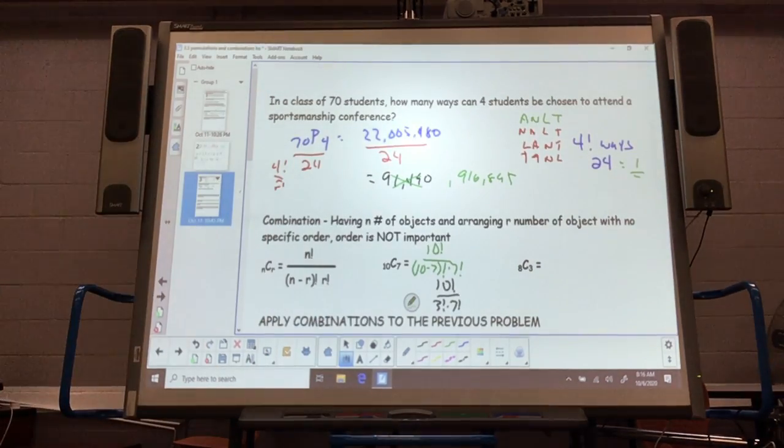But if you type in your calculator 10, then go to your math button, hit your left arrow to get the PRB, hit your nCr, then go and hit a 7. It will calculate for you. Go ahead and calculate the next two.